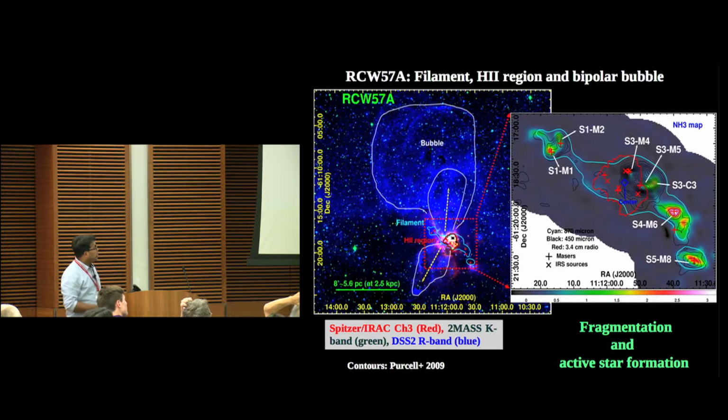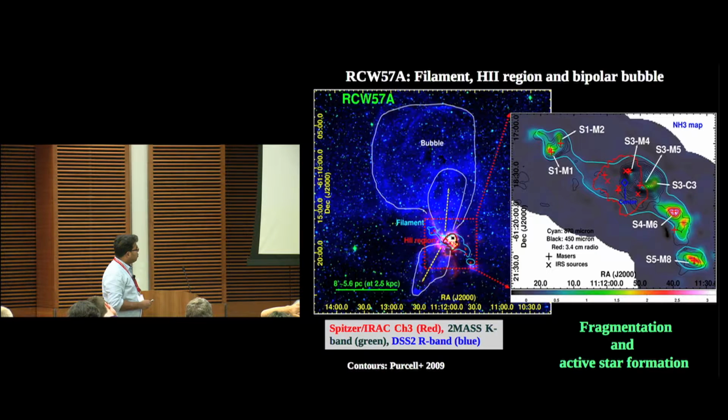This is my target, which is located at 2.5 kpc. The background image is a color composite made using a Spitzer IRAC image, 2MASS K band image, and DSS R band image. You can see that this filament is not clear in the mid-infrared wavelengths, and the bipolar bubble is very clear in the R band image, even in the H alpha images.